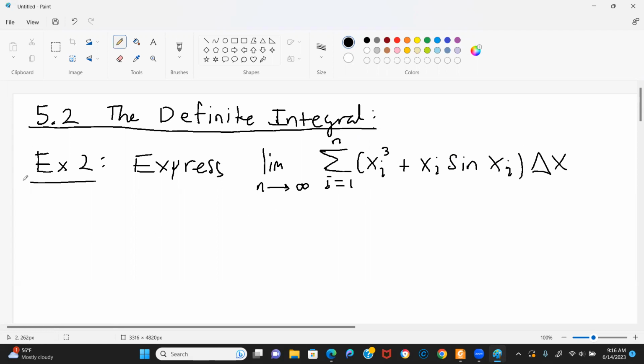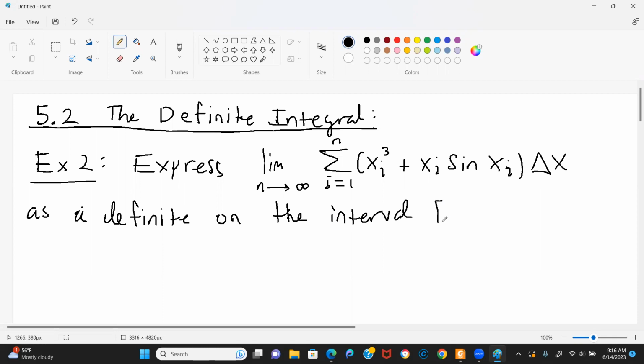So we want to express this as a definite integral of some function on the interval 0 to pi.